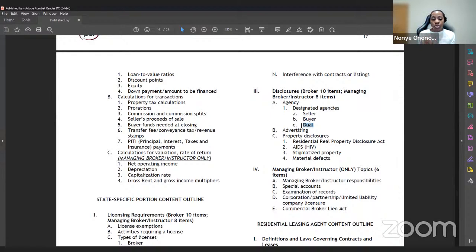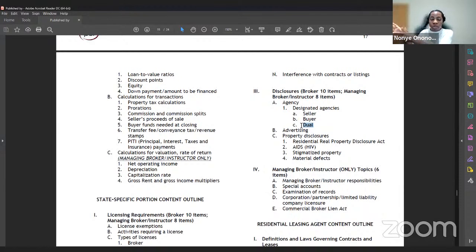As an agent, you should have at least 3 documents signed by the buyer and the seller that allow for dual agency. So the first document will be the listing agreement. The seller in the listing agreement will say, yes, I agree to dual agency, or it could be an attachment to the listing agreement. So you get that first from the seller. Then now you have a buyer.